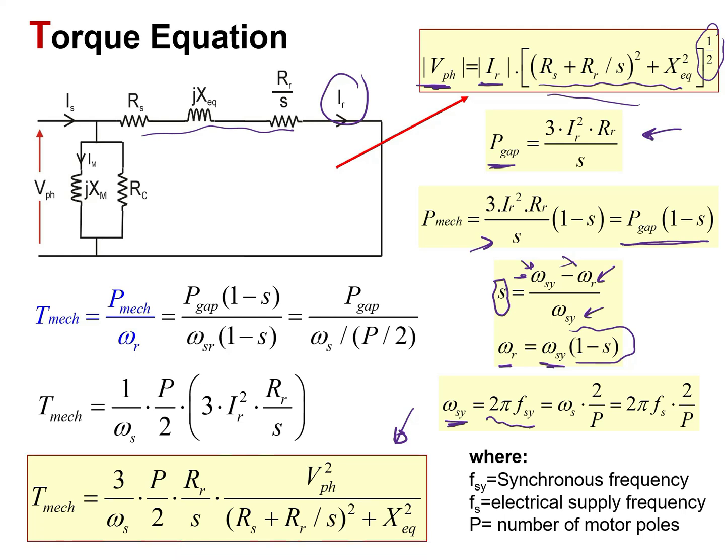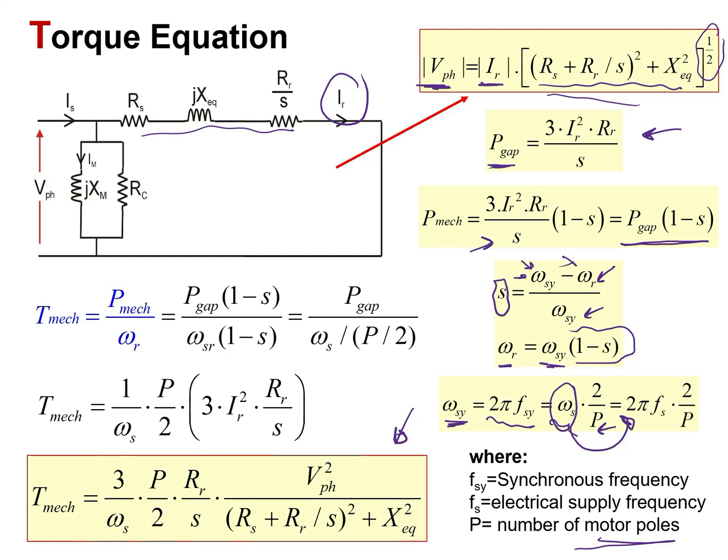And this is equal to omega s, which is the electrical supply frequency, multiplied by 2 over p, where p is the number of the motor poles, so the magnetic poles. And omega s is equal to 2 pi f_s. Okay, so this is the relationship between the synchronous frequency, the electrical supply frequency, and the number of poles in the motor.